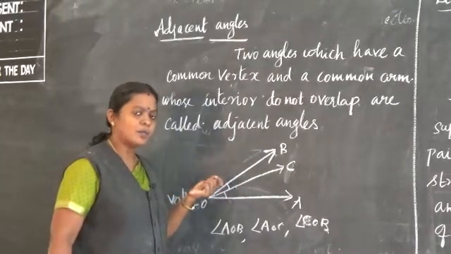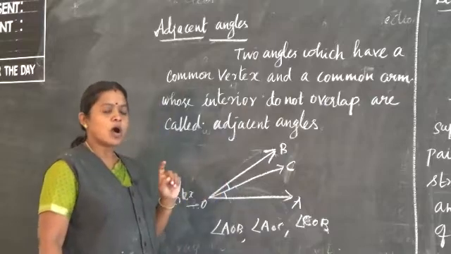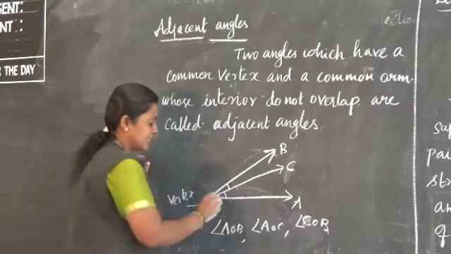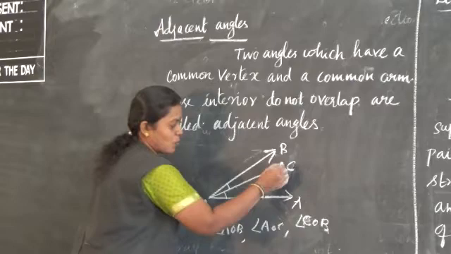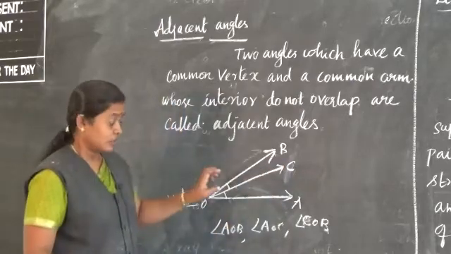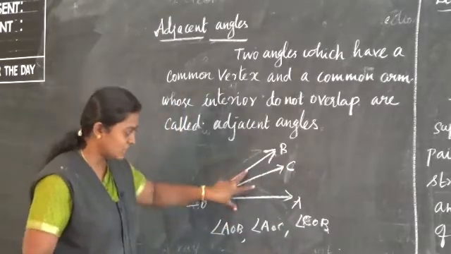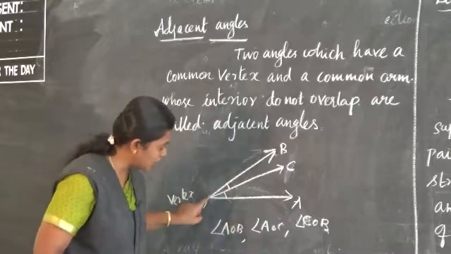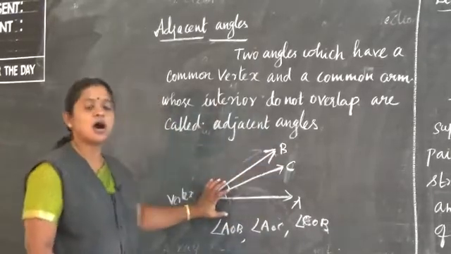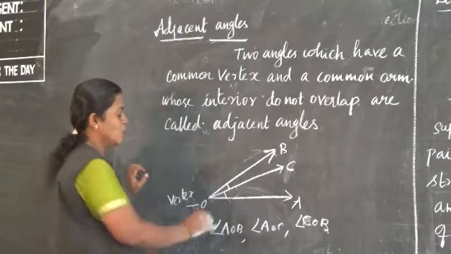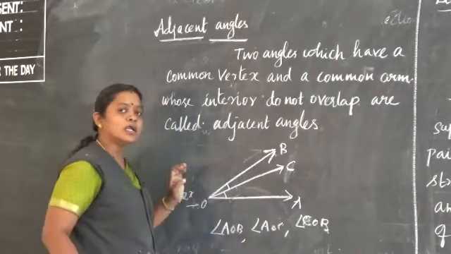But which is the common arm? Only one common arm is there, that is OC. Don't get confused: we have three arms, but only one common arm for all these three angles, that is OC.